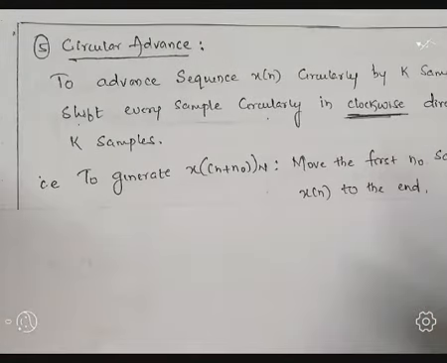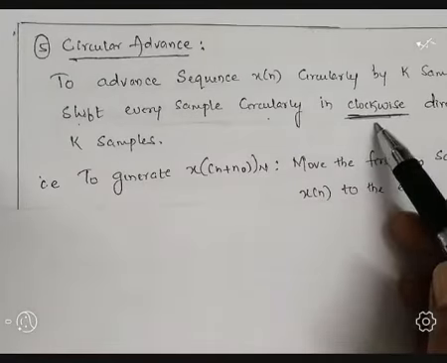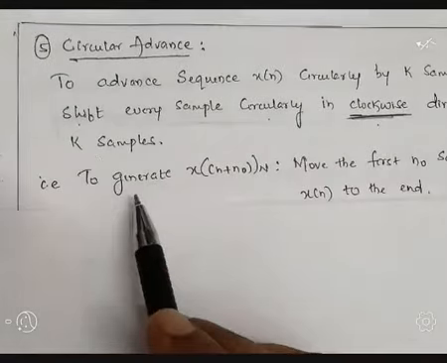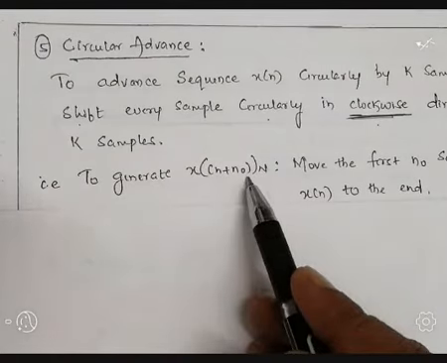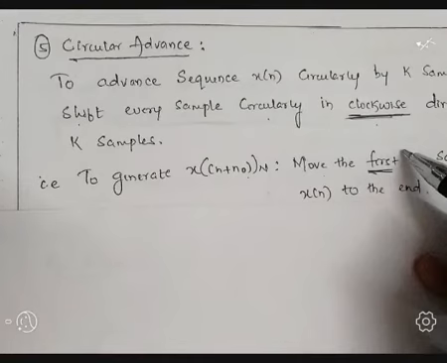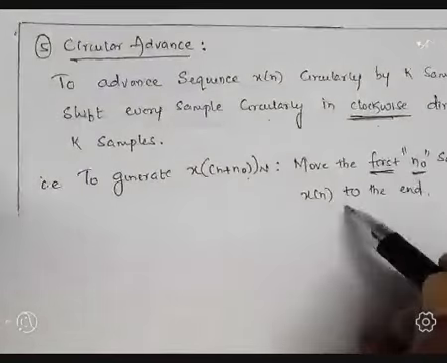Remember, there we shifted in anti-clockwise direction for delay. For advance, clockwise direction by k samples means to generate x of n plus n naught, move the first n naught samples of x of n.